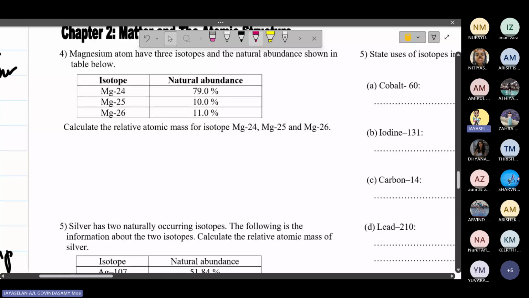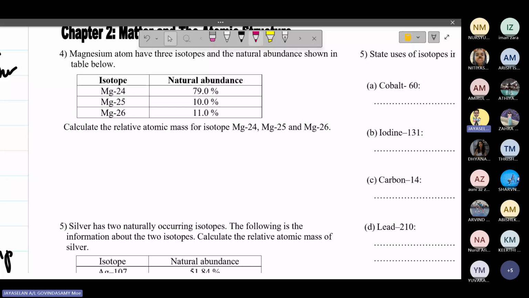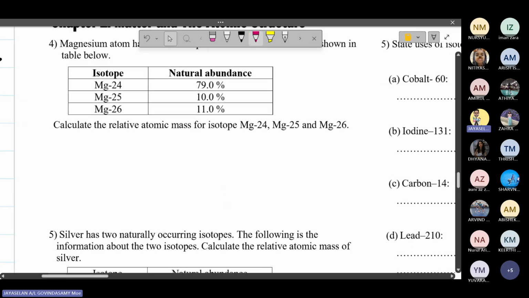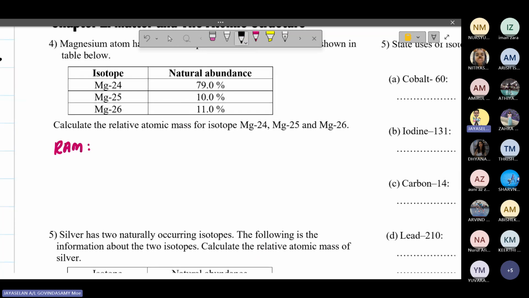So relative atomic mass calculation. They give you the percentage of isotope. They want you to find the RAM of the isotope. Sini ada berapa isotope? It has total 3 isotope. Jangan pergi hafal formula all. Very simple only. This is called what number? Nucleon number.